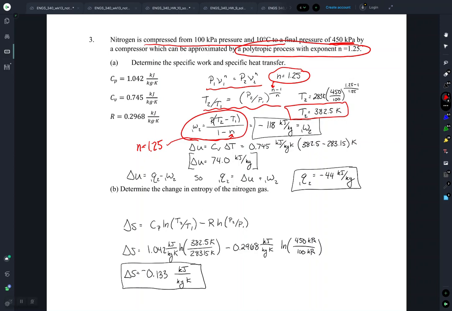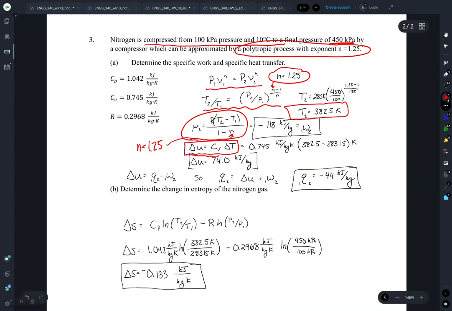If we had a constant pressure process, then n equals 0. If we have a constant entropy process, a delta S equals 0 process, then n equals k, this ratio of the heat capacities. So to calculate work, we can use the same equation for a lot of different processes, but we have to know which pathway, which process we're actually talking about. That can give us W.